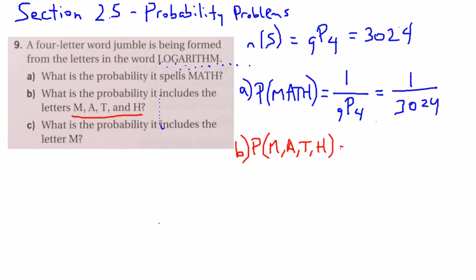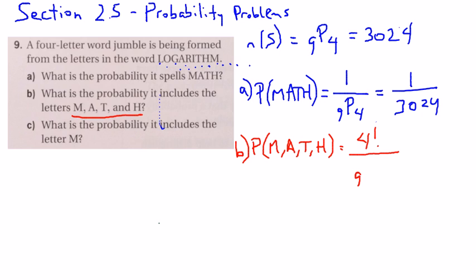And so how many ways can that happen? Well, we know we're working with the letters M, A, T, and H, but we don't necessarily know that it's in that order, right? Or else it would be case A. So there are 4 factorial ways to arrange those 4 letters. So we know that's how many different ways it could happen.